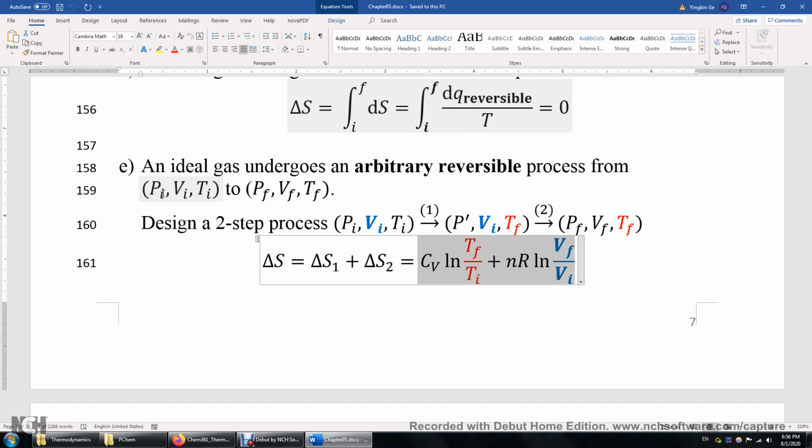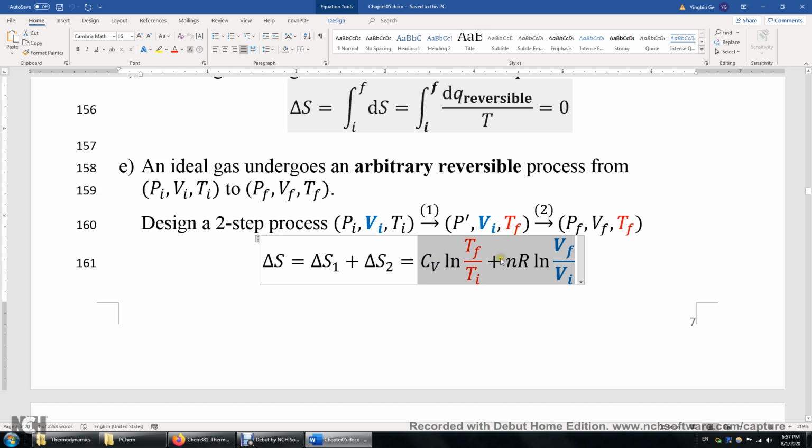Same for entropy. The system changes from the initial state to the final state. And therefore, if the process is an irreversible process, you simply design or imagine a different reversible process like this one.